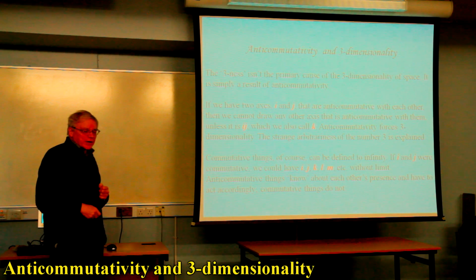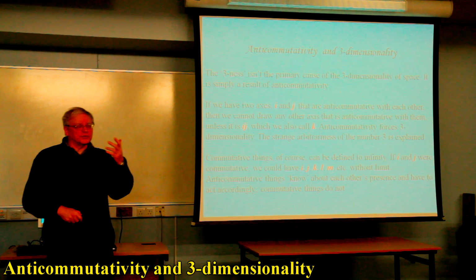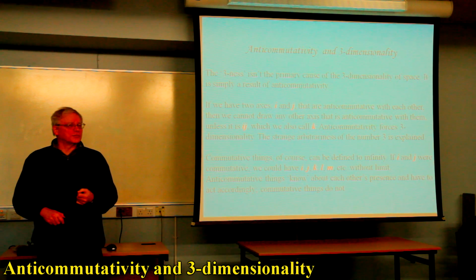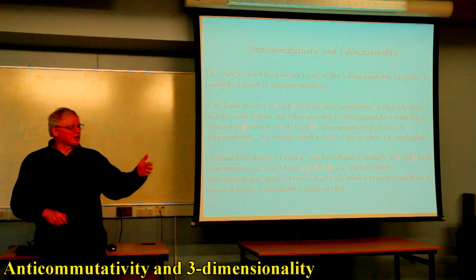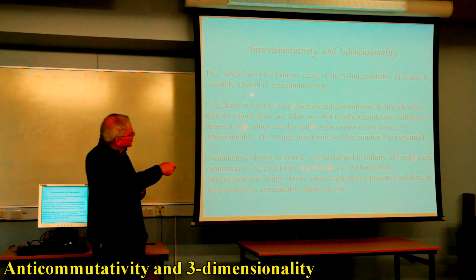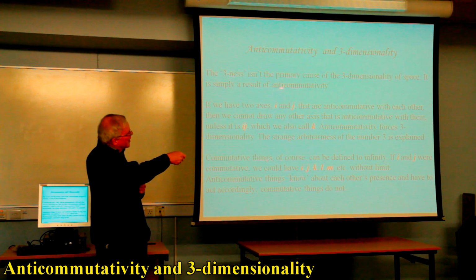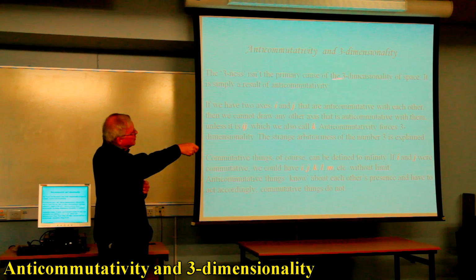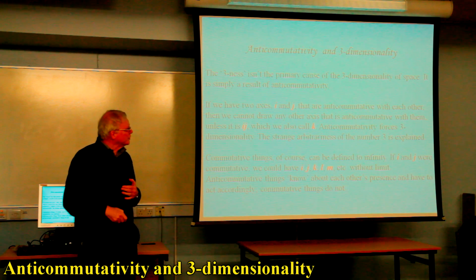Now the interesting thing in all this is that the threeness isn't the really key aspect of three-dimensionality of space. It's a sort of accidental product. It's really a result of anti-commutativity, and that's the thing that matters. That's the fundamental idea. The threeness results from anti-commutativity.